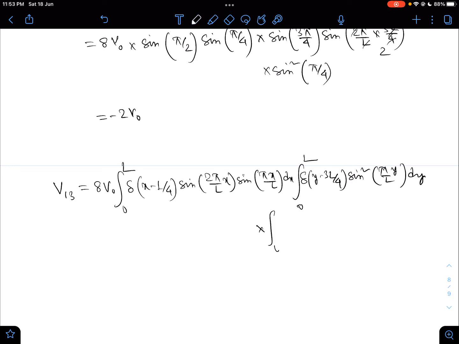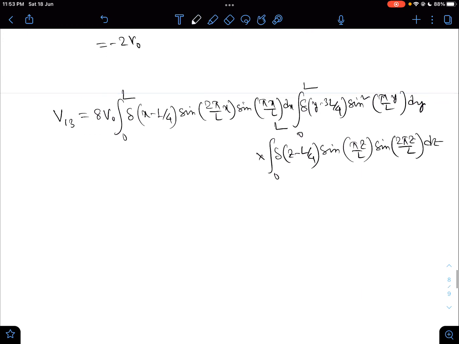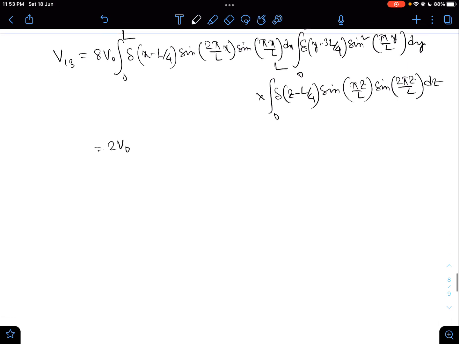And the last term about z is delta(z minus L/4), sine pi z by L, sine 2 pi z by L dz. If we calculate, this will give us 2V0. In this manner we can calculate all the terms like V21, V22, V23, V32, V31 and V33. In a similar procedure we can calculate all of these.